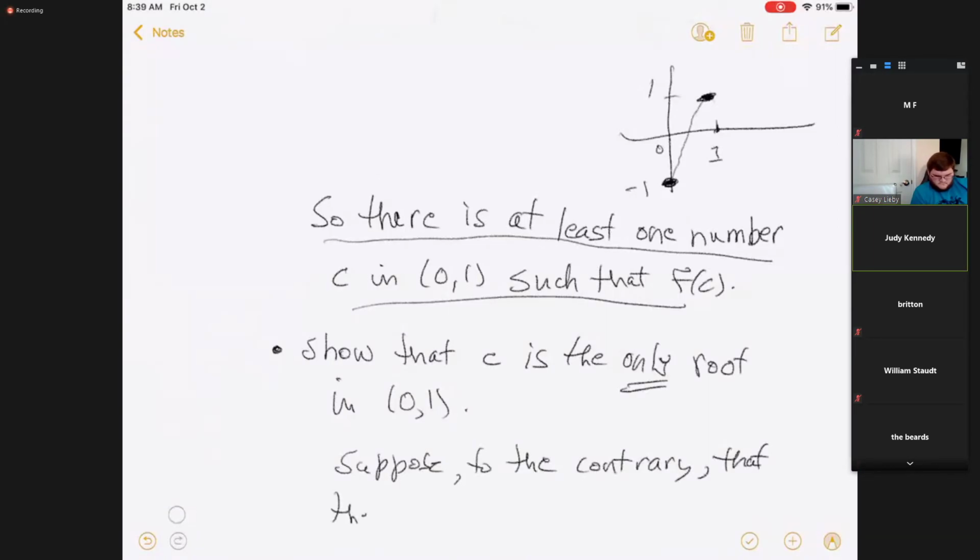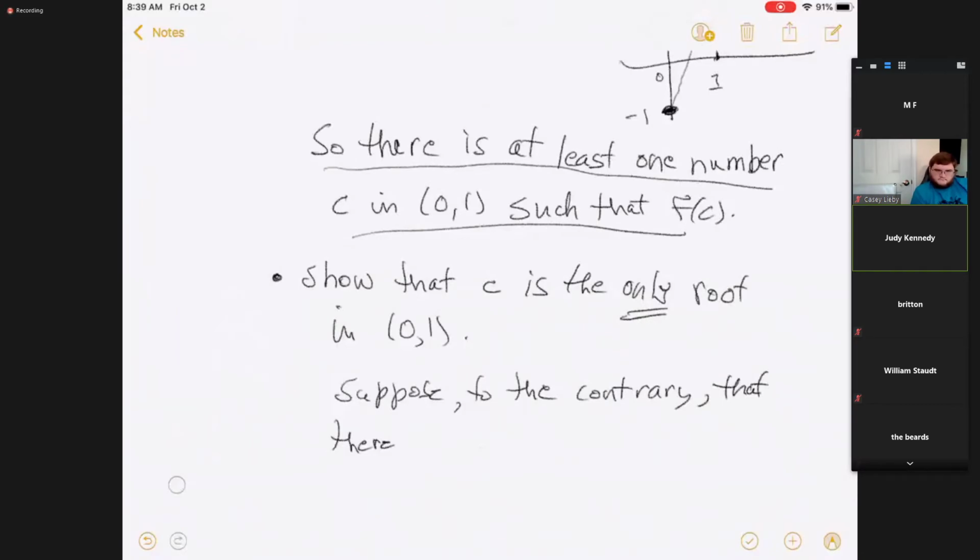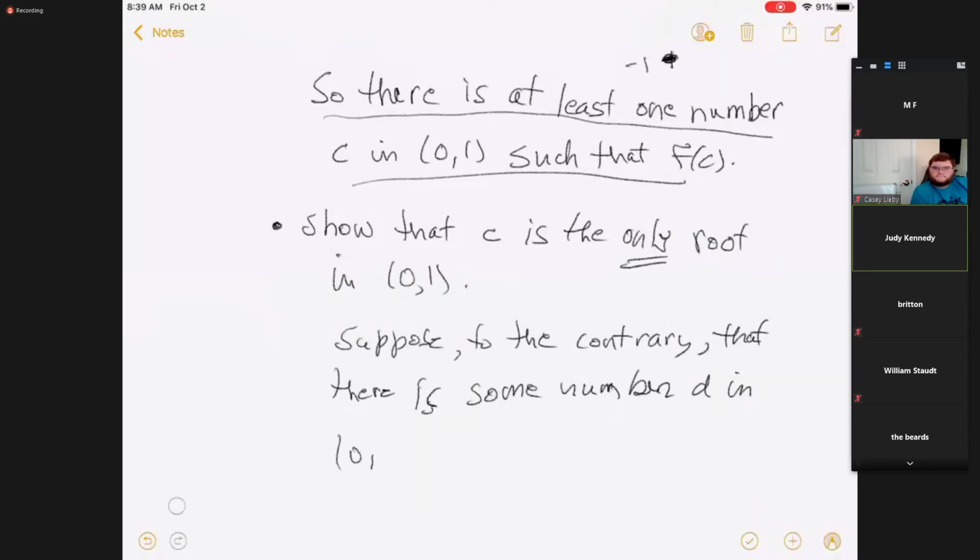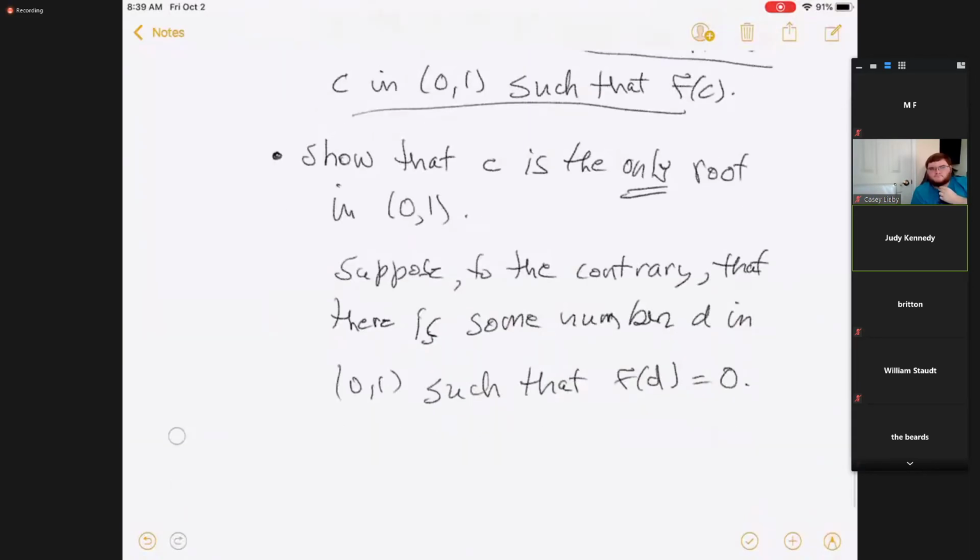Suppose that there is some other number d in 0, 1 such that f of d is 0. So we have f of c is 0, which is f of d, and we're assuming too that c is not equal to d.